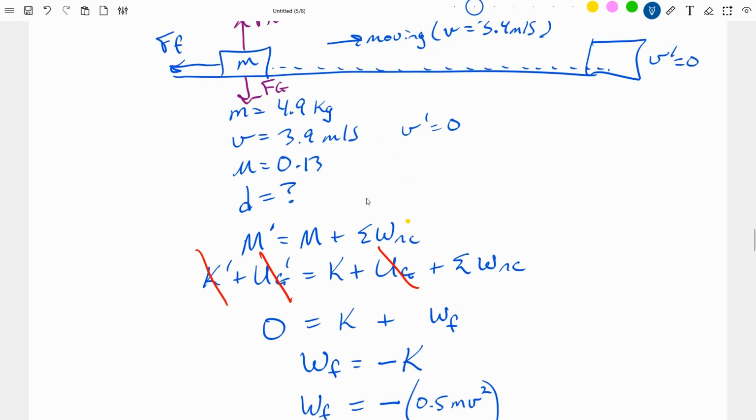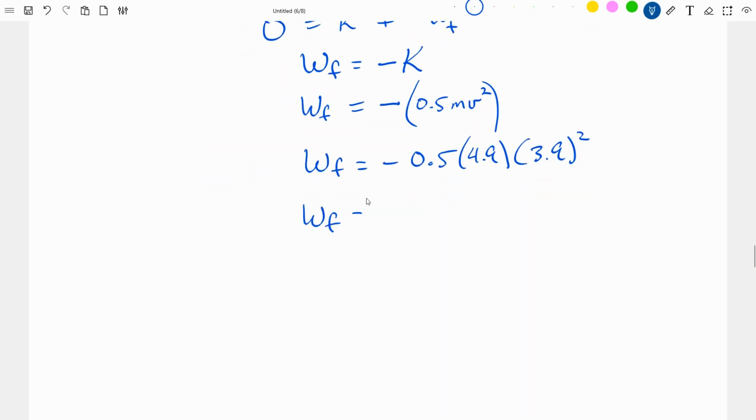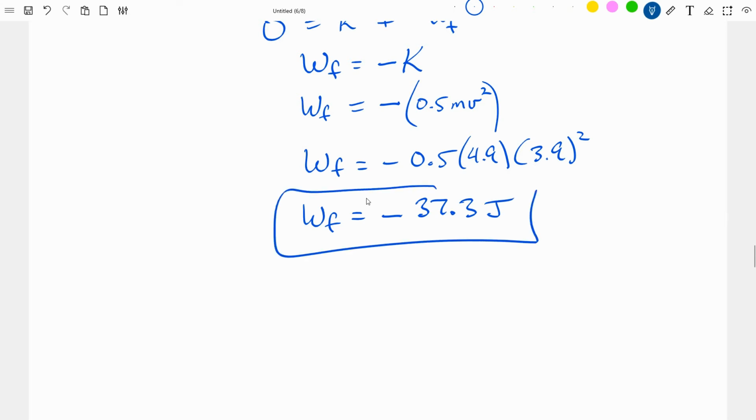To double check that, 4.9 mass, 3.9 speed. Yeah, looks good. So the work done by friction is equal to, calculator is right here, hiding. Okay, so negative 0.5 times 4.9 times, don't forget the square, 3.9 squared. I'm getting negative 37.3 joules. And that would be the answer here.